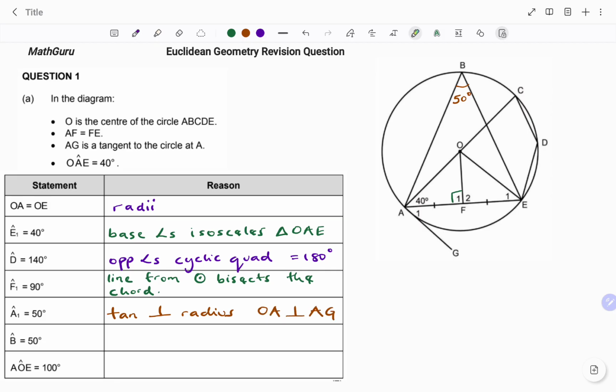From the previous statement, which says A1 is equal to 50 degrees, we can see that we have our A1 here, and we know that the line AG is a tangent to the circle.